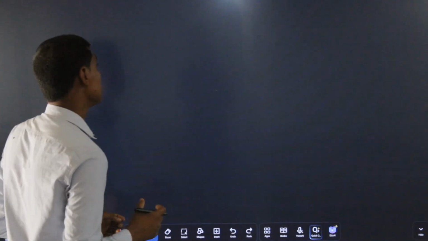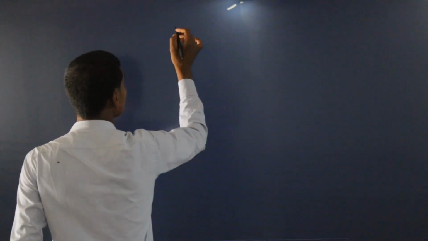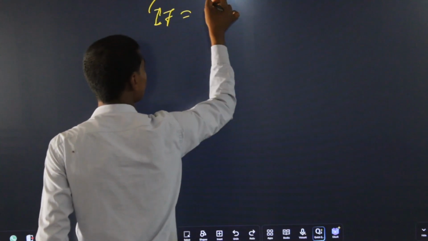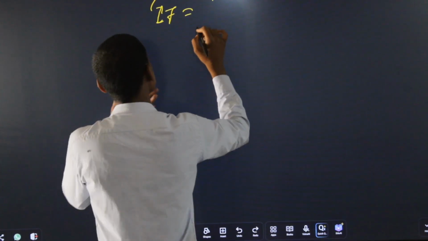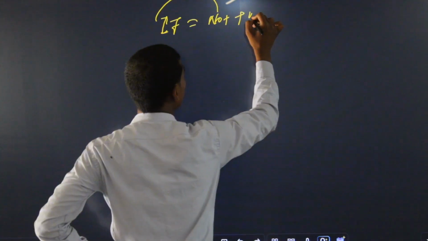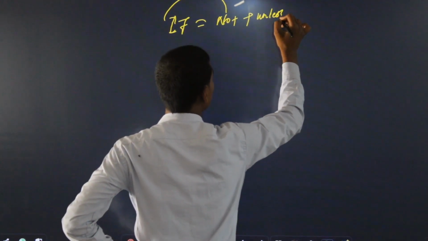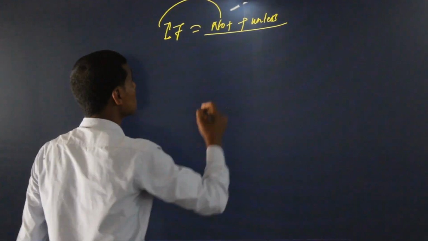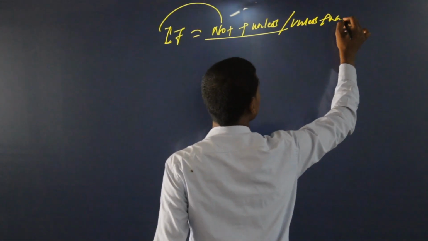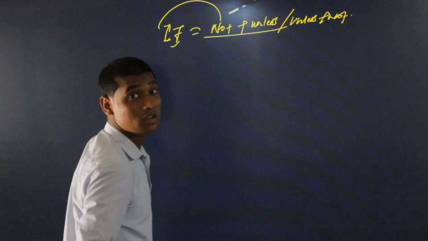Back to back, we have different sorts of other connectors, which are very amazing and give you the best expression. Let's take the example of if. When we change if, it becomes not plus unless, or we can say unless plus not. Unless plus not makes up if.